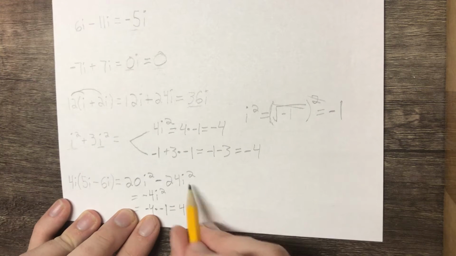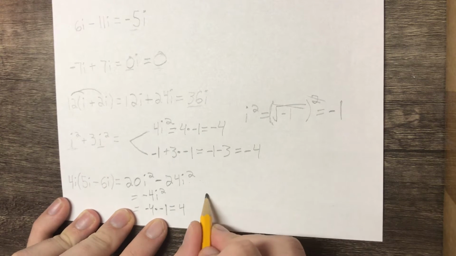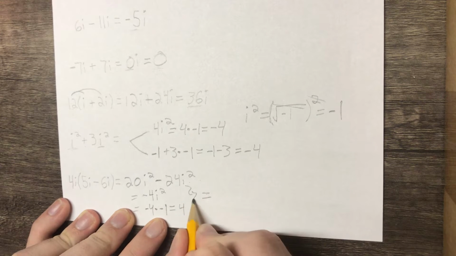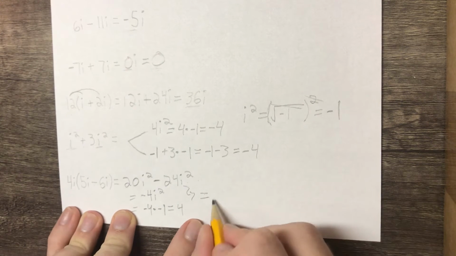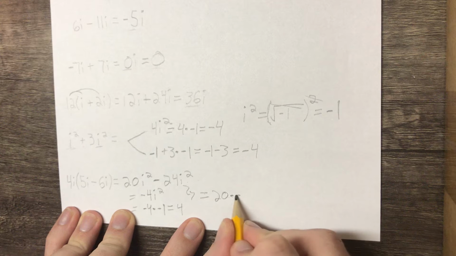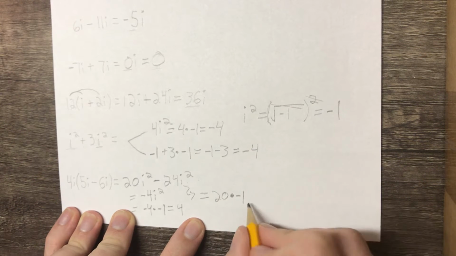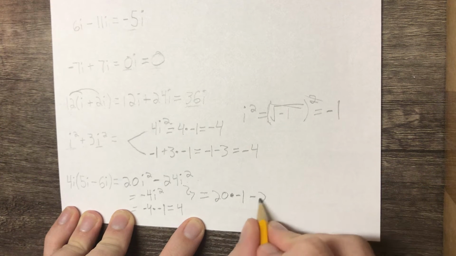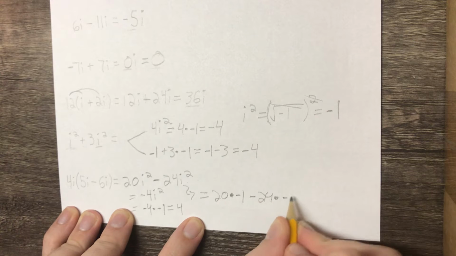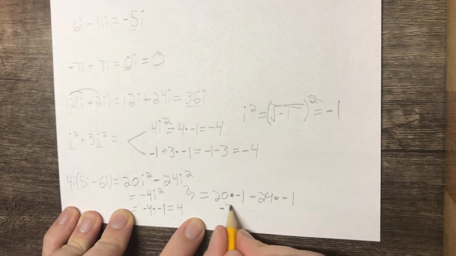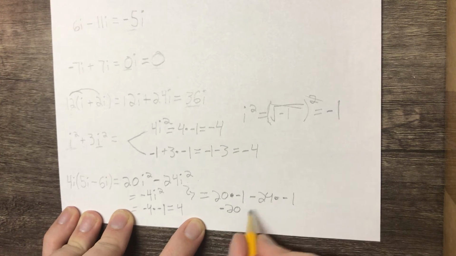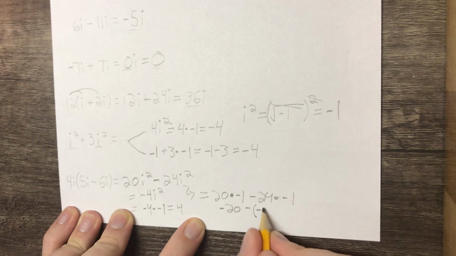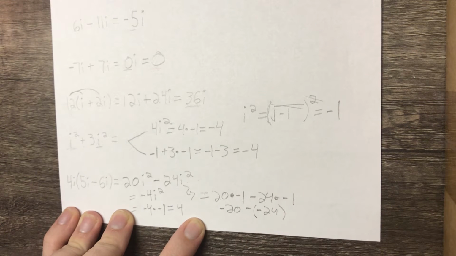Or we could have done it this way. We could say that this equals 20 times -1 minus 24 times -1. Then we say this is -20 minus -24, right?